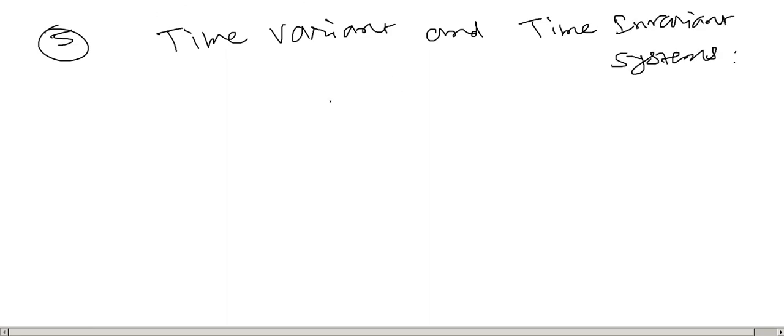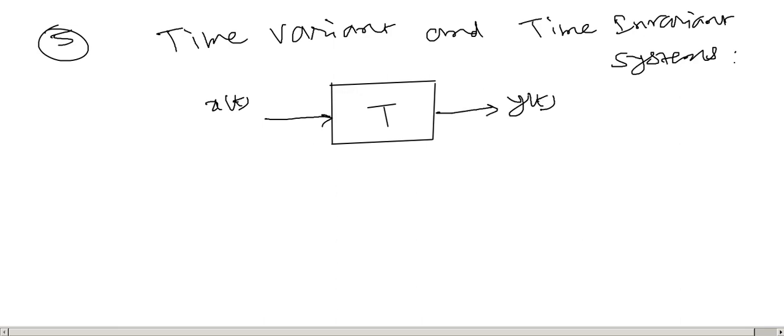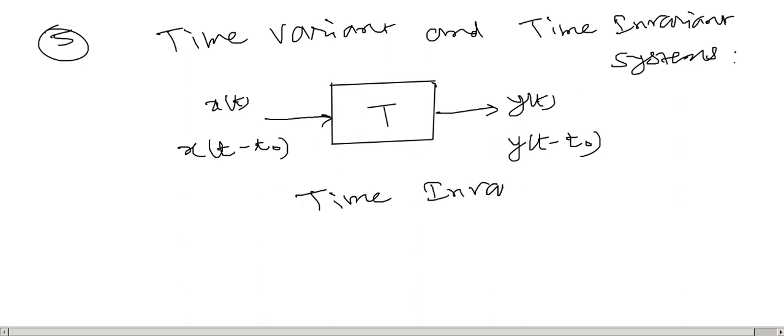Consider this system. Upon applying the input x(t), we get output y(t) as the output of this system. Then if we delay the input by some amount t naught, and the output also gets delayed by the same amount t naught, then the system is said to be time invariant.